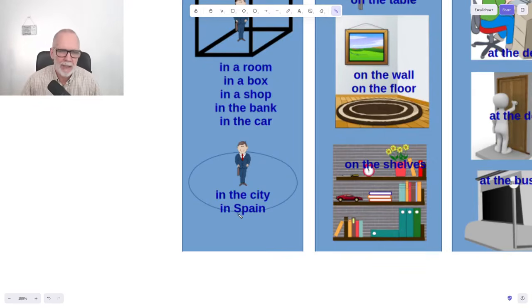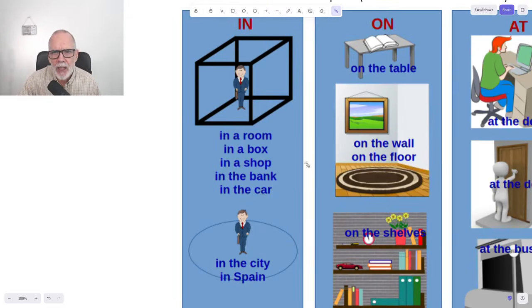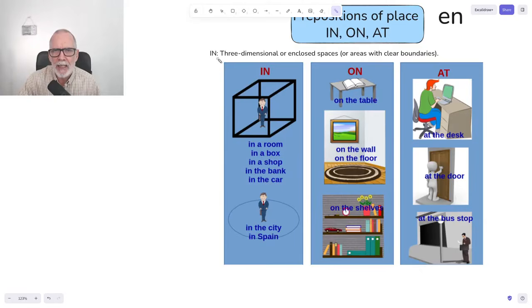In Spain, in the United States, in England, in Mexico. So, esa es la regla básica para in. Se usa para espacios cerrados, espacios de 3 dimensiones, espacios en que están bien definidos los fines de esos espacios.